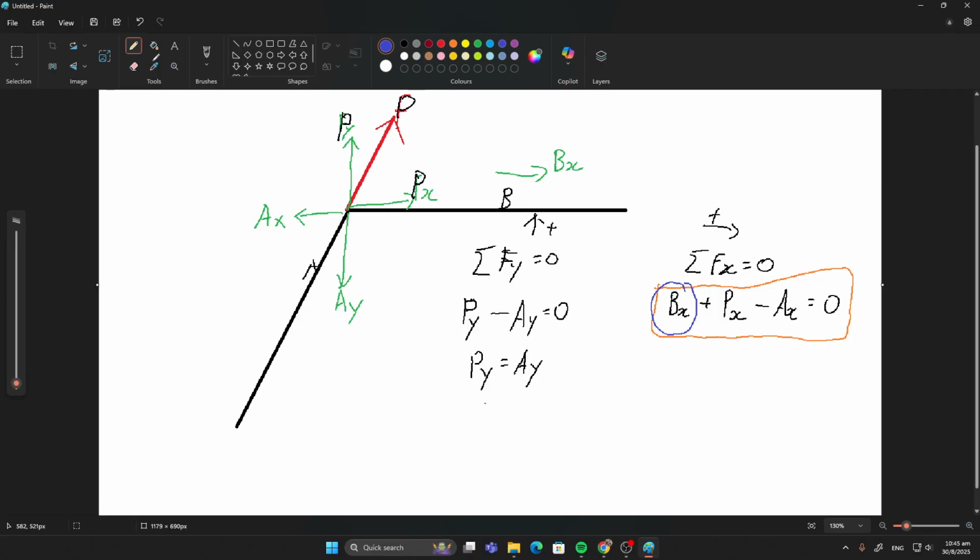Because my A and P are parallel to each other, they are collinear, the angle over here and the angle over here are exactly the same. So it doesn't matter whether I write cosine or sine, it's just an angle. Because both the alphas are the same, they cancel each other out. Am I right to say that?